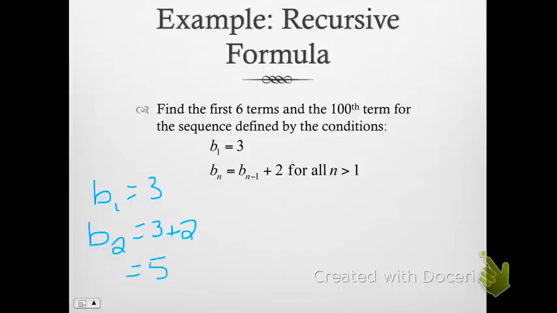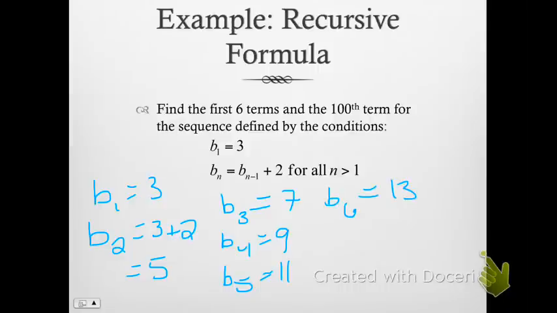So in which case we get 5. And we just keep adding 2 to each term. But the 6th term, not too hard for me to get.